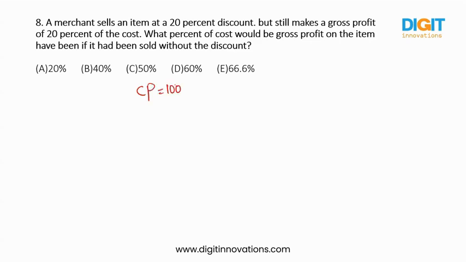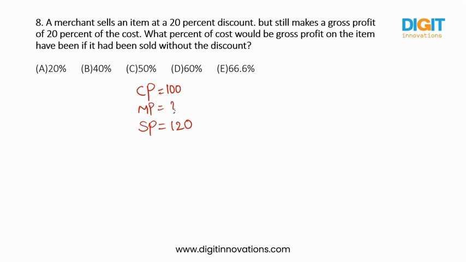Taking an assumption is accepted in aptitude. So I'm taking cost price as 100. So I sold it for a profit of 20%. So the selling price: I got 20% profit, which is equal to 20. That means 100 plus 20 would be 120. Selling price is 120. Then I have to know the market price.